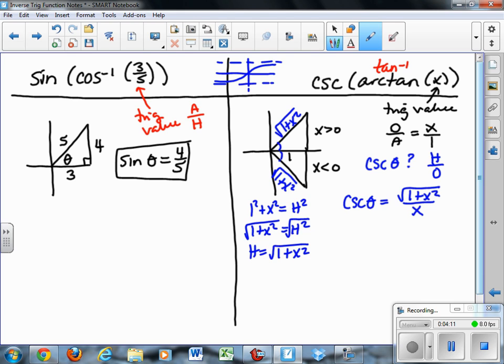So any trig value is valid to put in there. However, when I look at the equivalent in algebraic form, I notice a value of x that I can't use. x can't equal 0 because it would make the denominator equal to 0. So the domain is all real numbers except x cannot equal 0. So there's a couple of tricky problems for you.